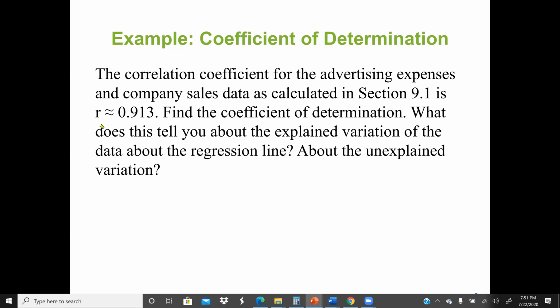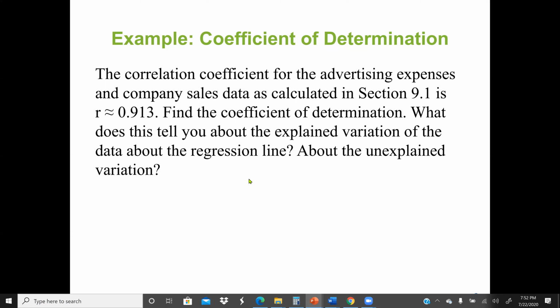We found the R when we were finding the relationship between the company's advertisement expenses and the company sales or revenue. Now, if I know the R value, they say we should find the coefficient of determination, and then say what this tells you about the explained variation of the data by the regression line, and also about the unexplained variation.